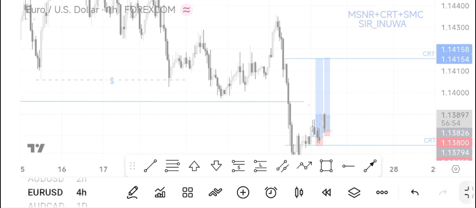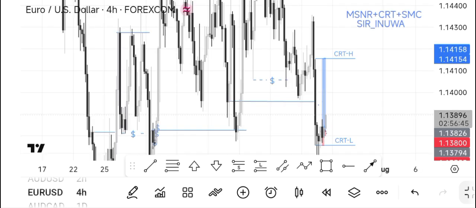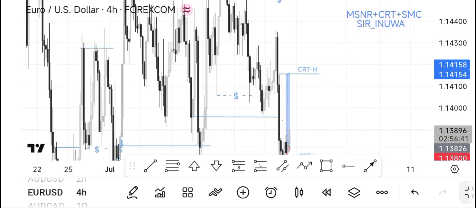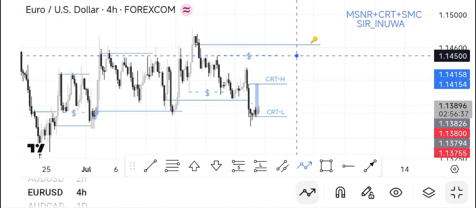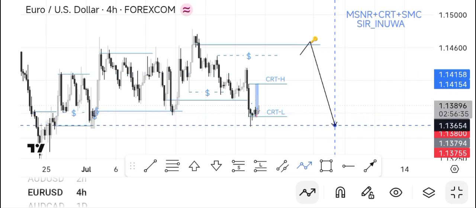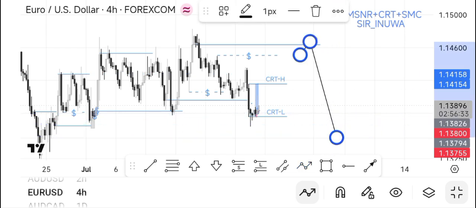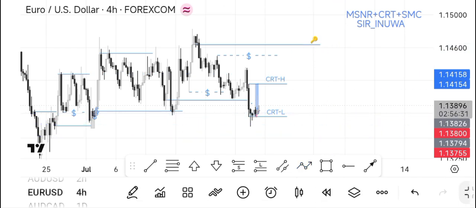Market usually does that. So it's trying to tell you that it's no more bullish. We are bearish again. So we'll be looking for sells again on Euro USD.